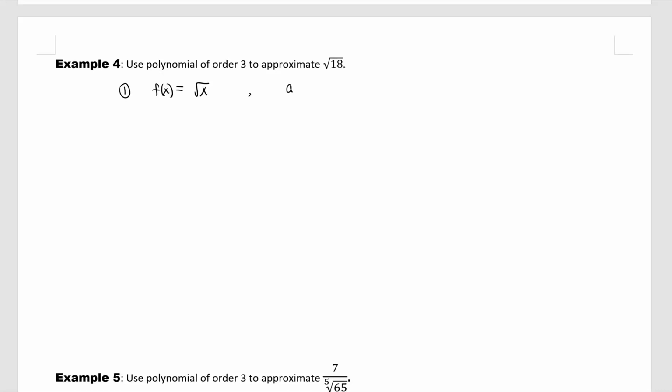Okay, what is the a? Here, our x is 18. So a is a good number that is close to 18. What does a good number mean?